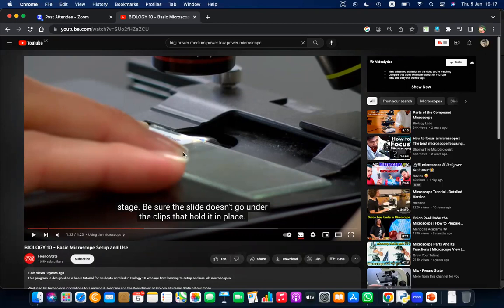Most of these are transparent, this is actually transparent glass, no? We can put objects onto these slides. It can be a specimen, it can be water, dirty water, some liquid, different specimens. We can put it onto the slide.